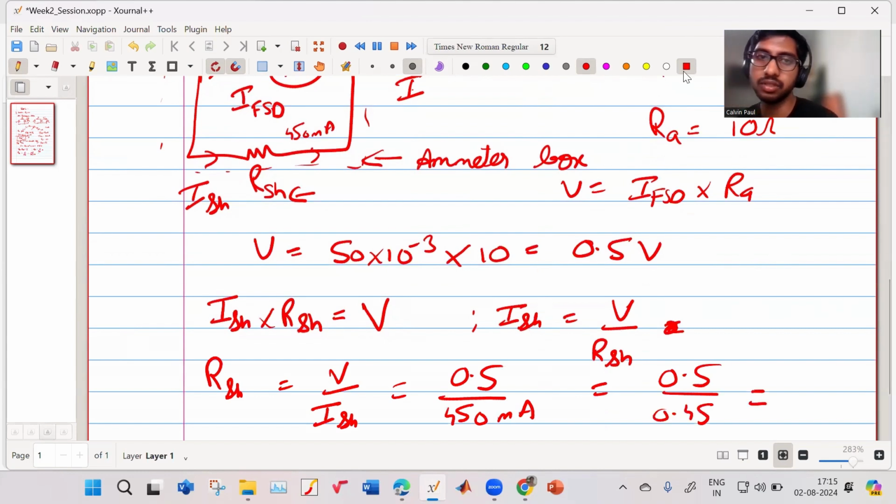Can you calculate and tell me what is 0.5 divided by 0.45?